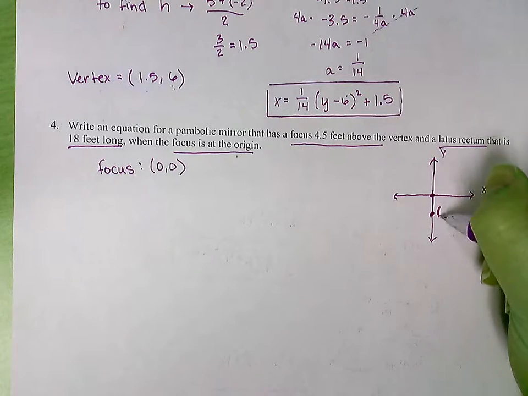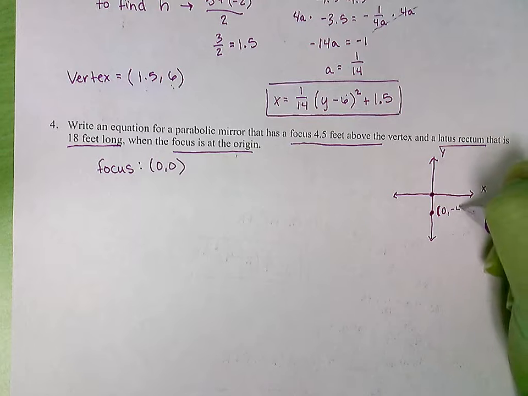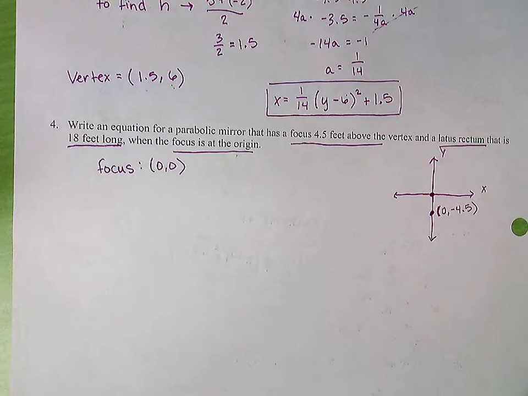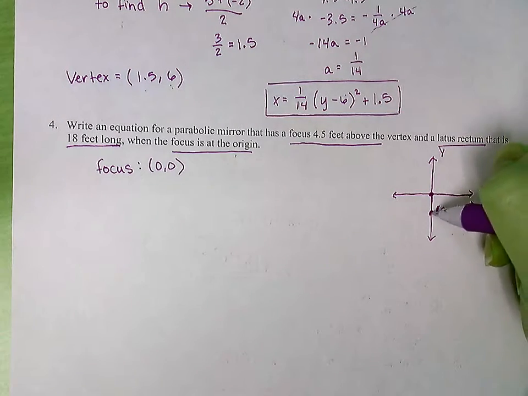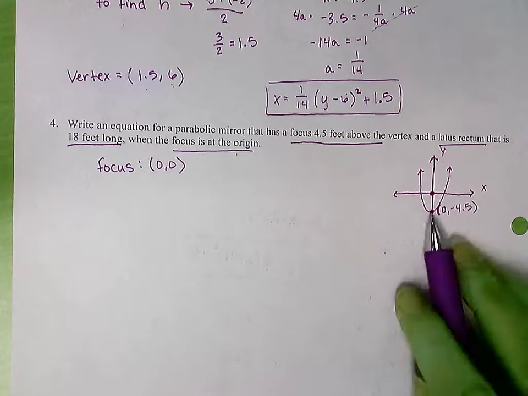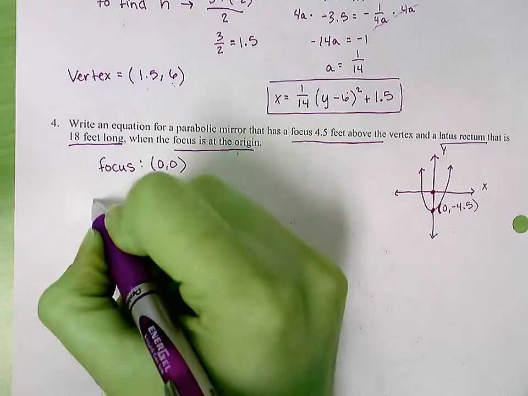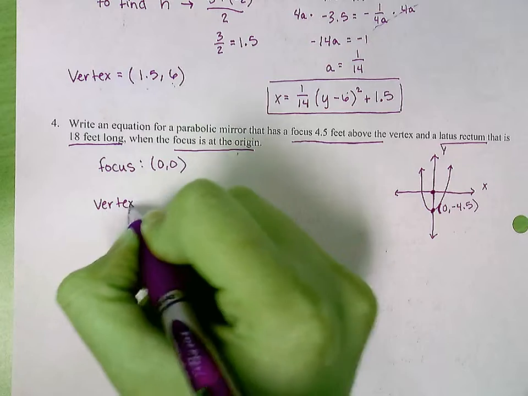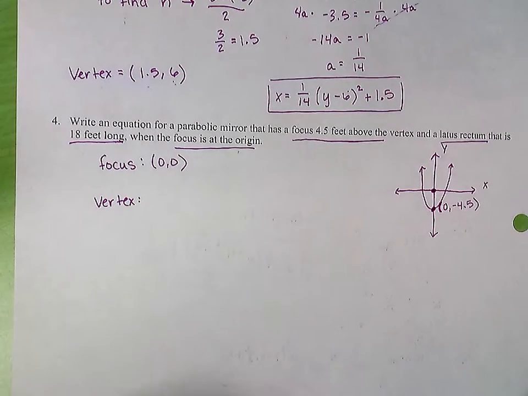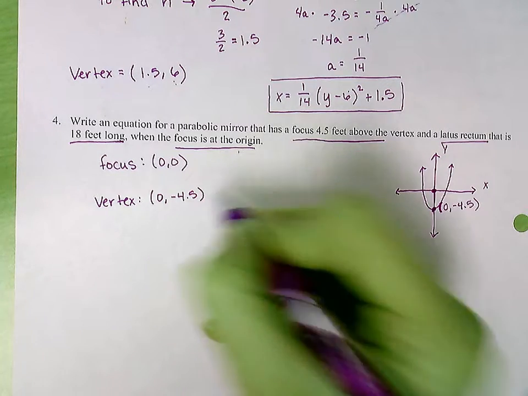So the coordinate for that would be 0, negative 4.5. Okay, so it's making this parabola shape here. So it is opening up. Your focus has to be on the inside part of that parabola. Okay, so now I also have the vertex. Okay, that is 0, negative 4.5.